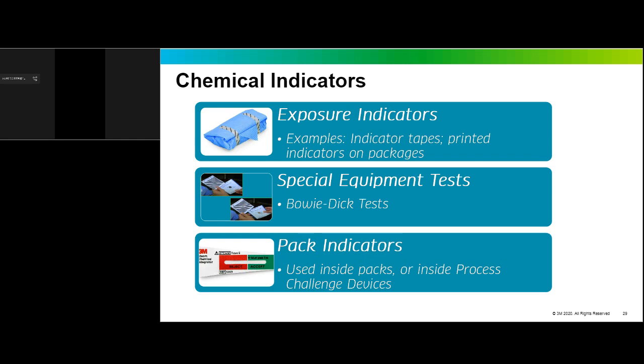They're placed externally on every pack, of course, to verify exposure to the process. Internal chemical indicators that go inside each peel pouch or wrap tray or rigid container to verify that our sterilant got there. And then the special test bucket, such as our daily Boyd-Dick test. And we'll talk about each of these in more detail later on.